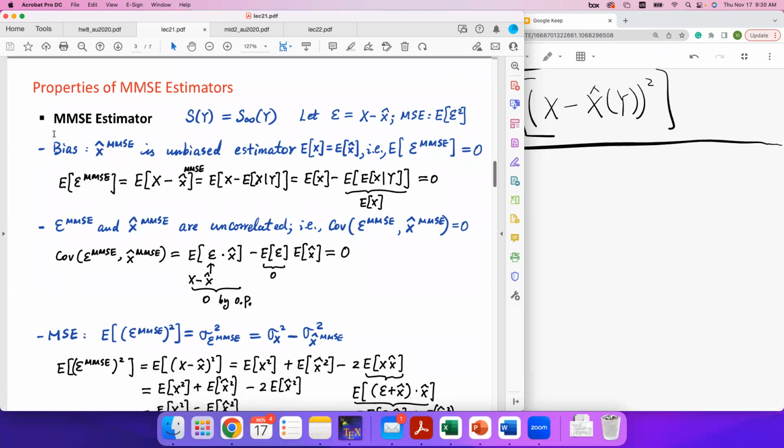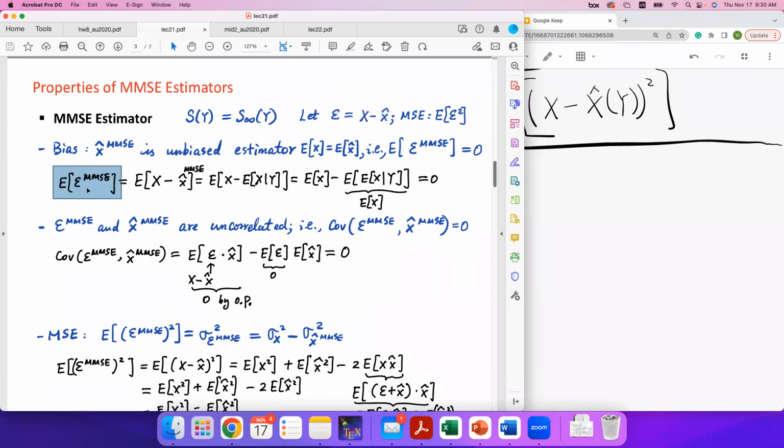So let's compute some basic properties of this estimator. The first thing is the bias. In this case, the general MMSE estimator is an unbiased estimator, in the sense that the mean value of this estimator is the same as the mean value of X. So how to prove that? Well, we can consider the mean value of this difference.